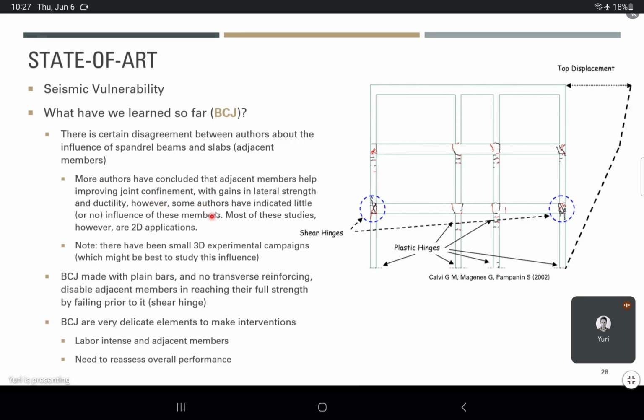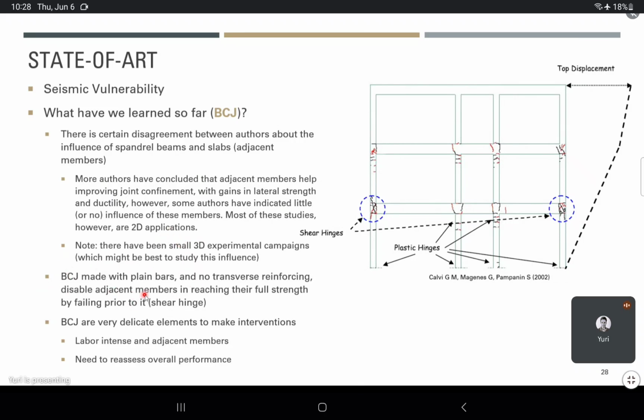So there's not a unique thought about this subject, I think, because most experiments are run as 2D experiments based on pseudo-static loading, which is not really related to earthquake loading. If we had 3D experimental campaigns or shaking tables, we would have better results.